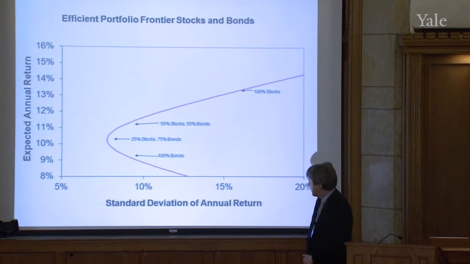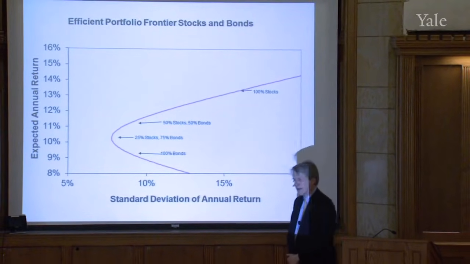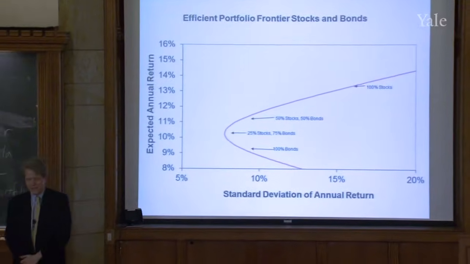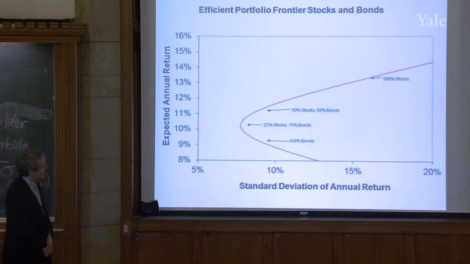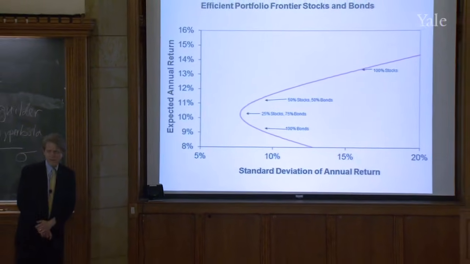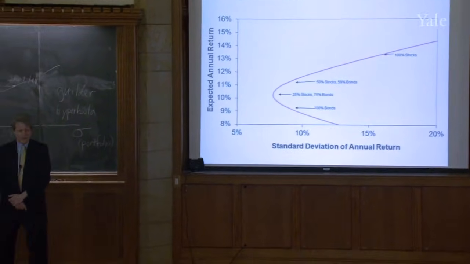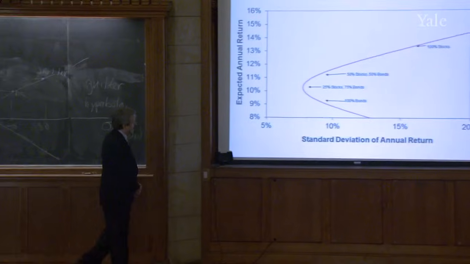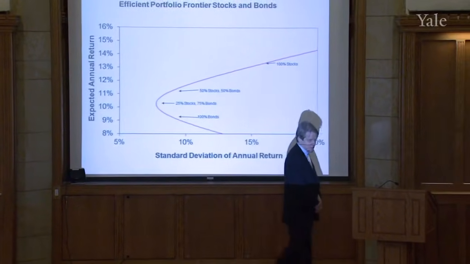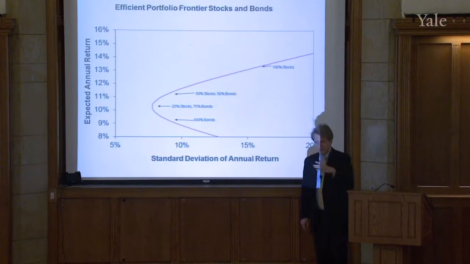What I did is I took data on the average return for the US stock market as measured by the S&P 500 and the variance. And then the alternative investment I took was 10-year treasuries for the United States government. Long term, because they're 10 years, but we're only investing for 1 year. So they're risky because the market price goes up and down.